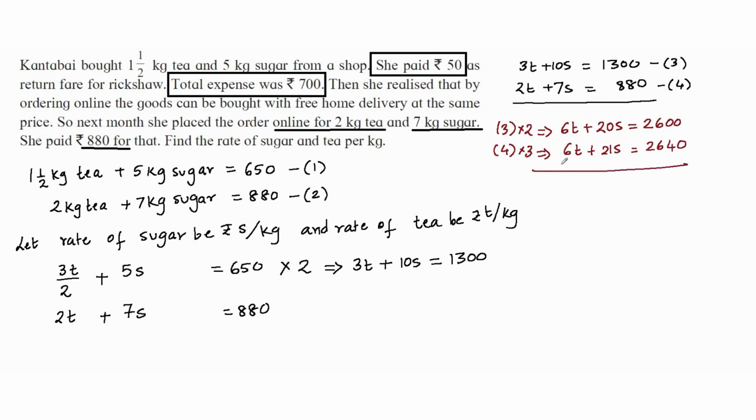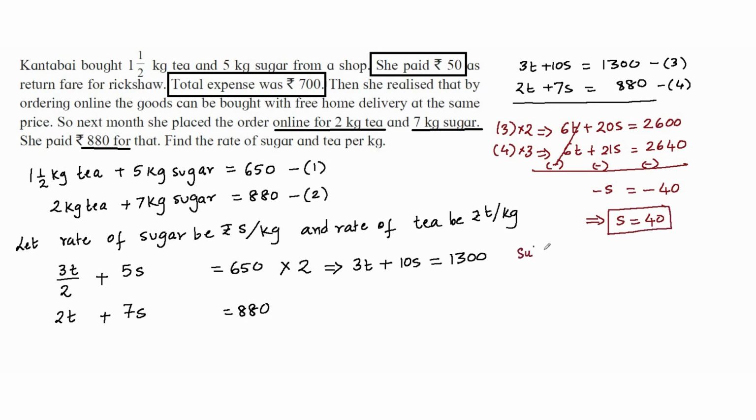Now let's subtract. 6T minus 6T cancels. 20S minus 21S is minus S, equals 2600 minus 2640, which is minus 40, which means that S is equal to 40. So the price of sugar per kg is 40 rupees.